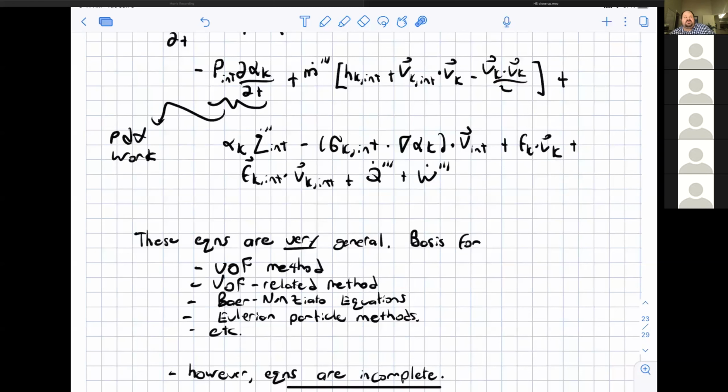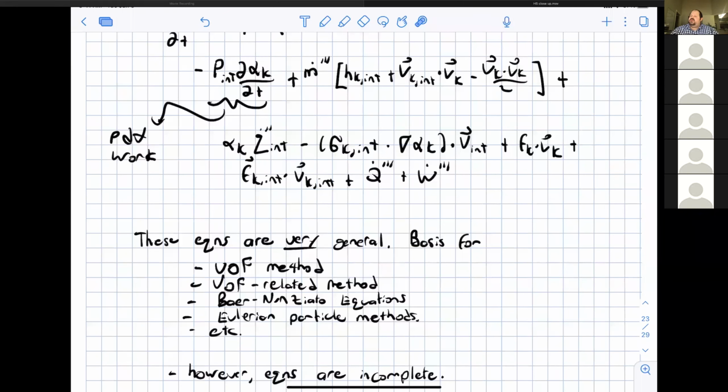And actually, Braden is using one of them for his compressible solid mechanics stuff. It is a VOF related method. Okay, and so I will just discuss in a hand wavy fashion the difference between these 2 methods next time.